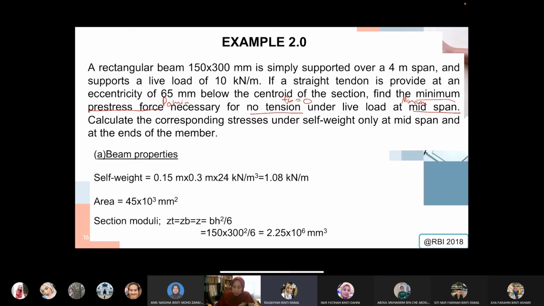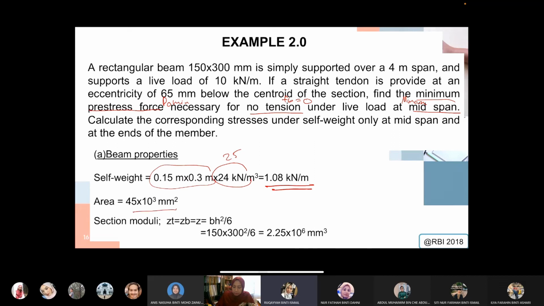So the beam properties we can see here, we can calculate the self weight of the beam, which is the cross section area of the beam, 300 multiplied by 150, multiplied by the density. Some of you use Eurocode, the new one, you have 25, so you can adjust that. So the value of your self weight calculated is 1.08.